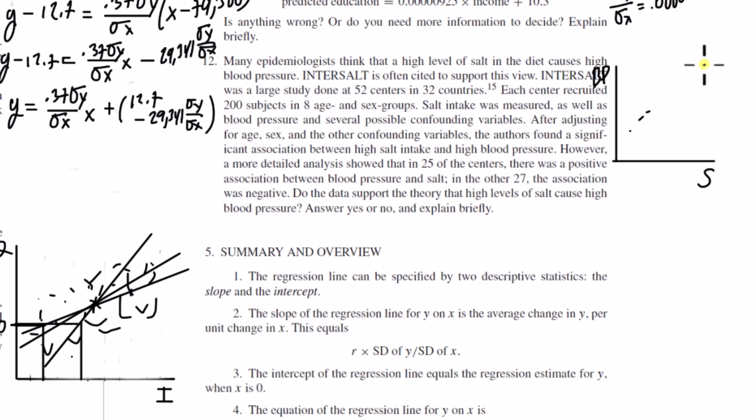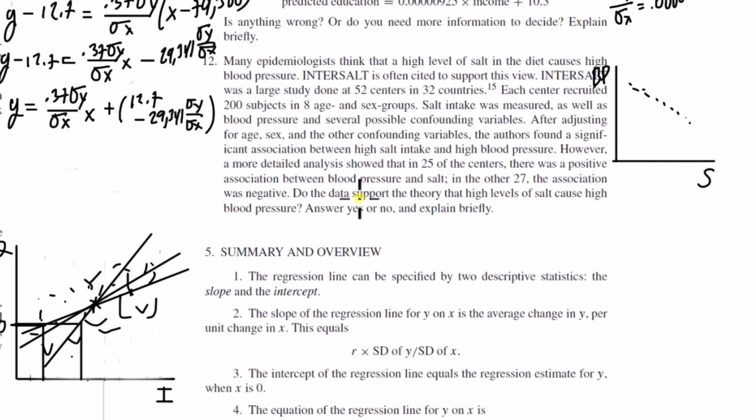If there's a negative association, then the higher the salt intake, the lower the blood pressure, which is kind of counterintuitive, but to me that would be more of saying that there are confounding variables, right? This isn't necessarily saying that if you eat more salt, you're going to lower your blood pressure. I guess it could be, but to me, this is an issue.